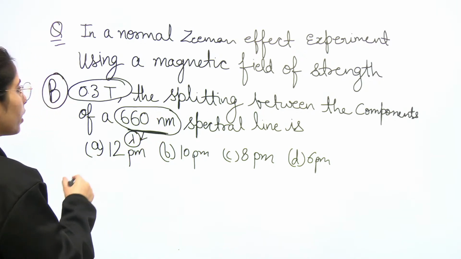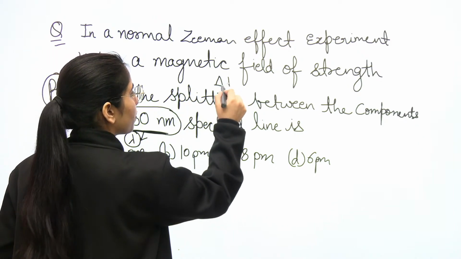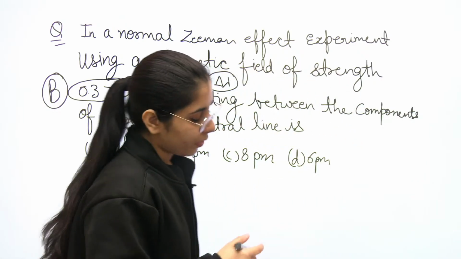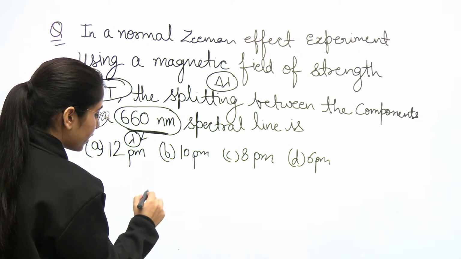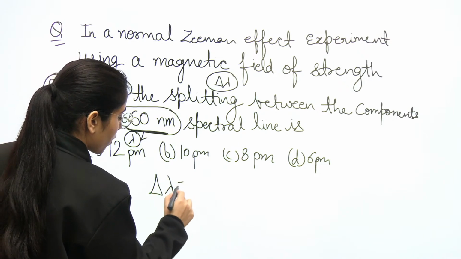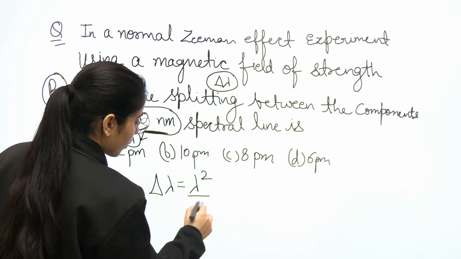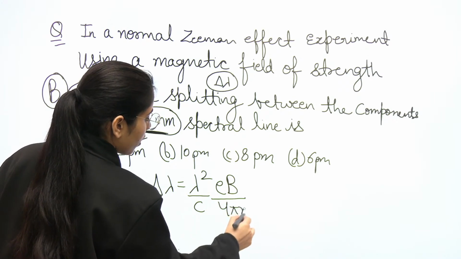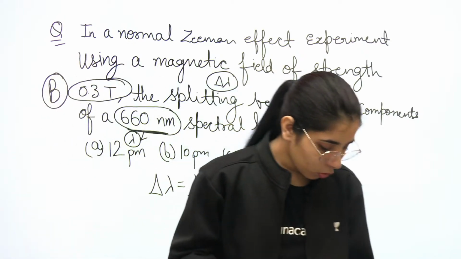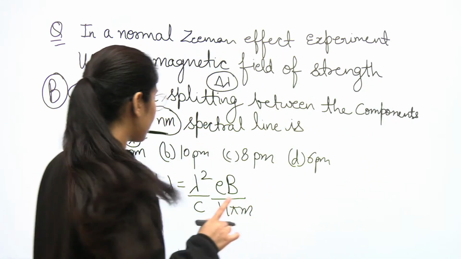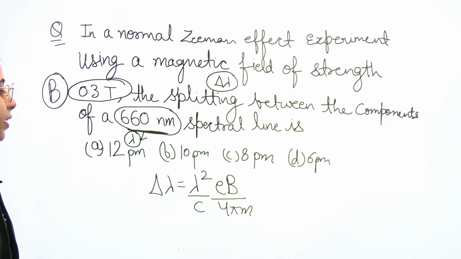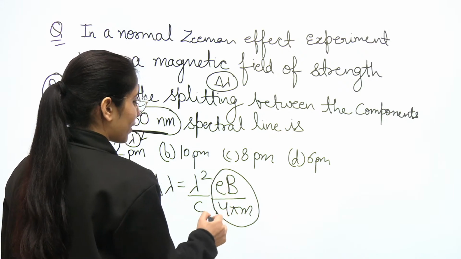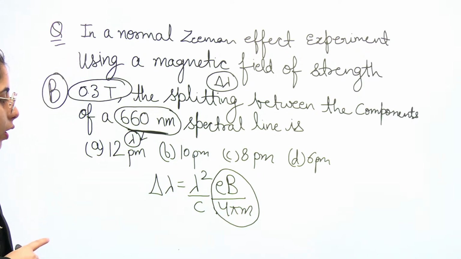That means you need to find the splitting, which is delta lambda. The formula for delta lambda is delta lambda equals lambda squared upon c times eB upon 4 pi m. This eB upon 4 pi m you can write as delta nu, the frequency shift.